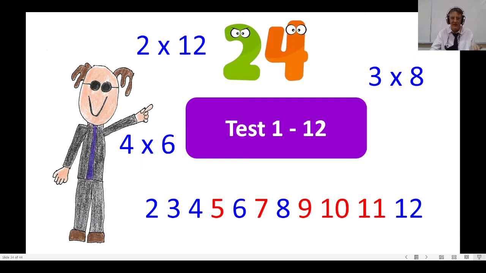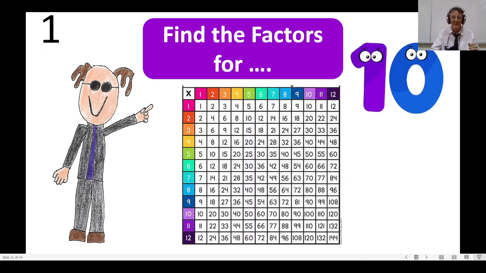So the factors of 24 are 2, 3, 4, 6, 8, and 12. 5, 7, 9, 10, and 11 do not divide evenly into 24 because they have remainders. And what did I say? No remainders. Got it? Very, very good.